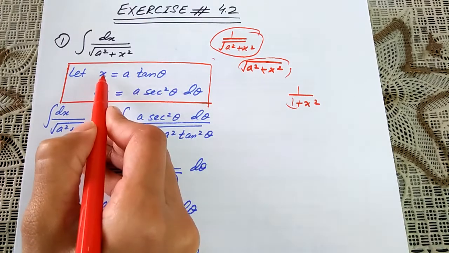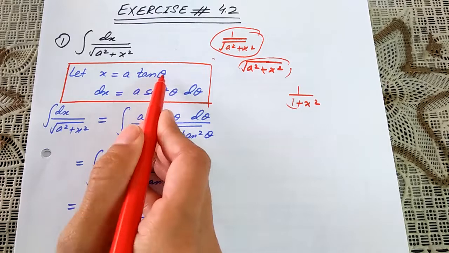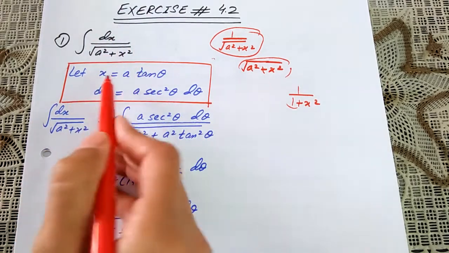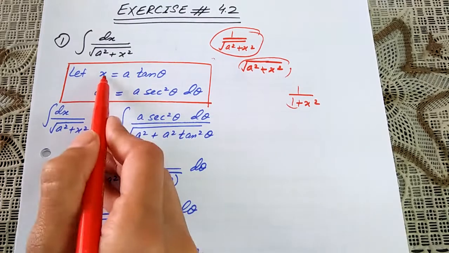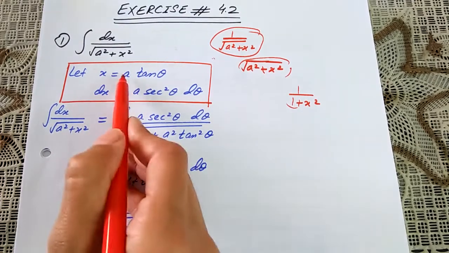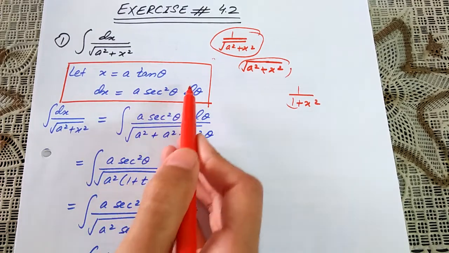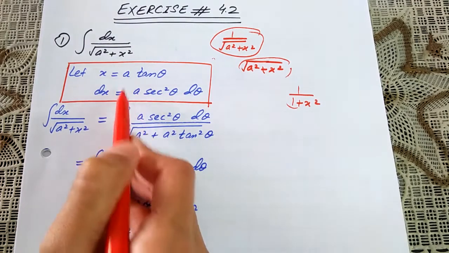Now, if we substitute x as a tangent theta, then we must also know what dx will be. Take the derivative of this substitution on both sides. x gives us dx, a is a constant, the derivative of tangent theta is secant square theta, and the derivative of theta is d theta. Now substitute these values.